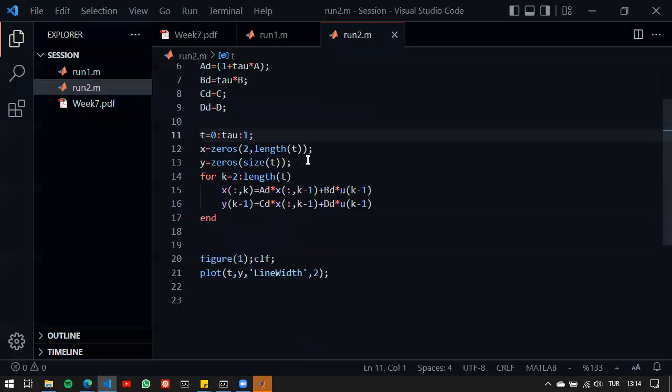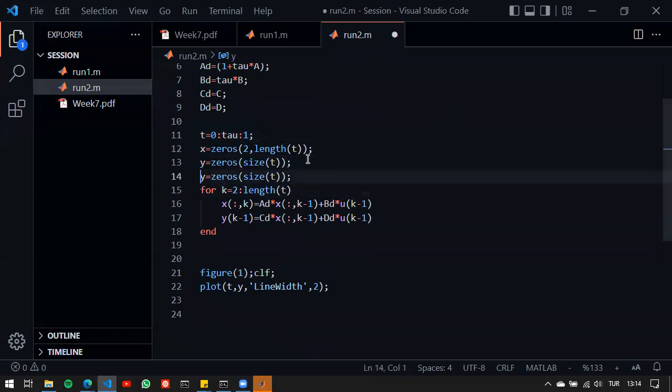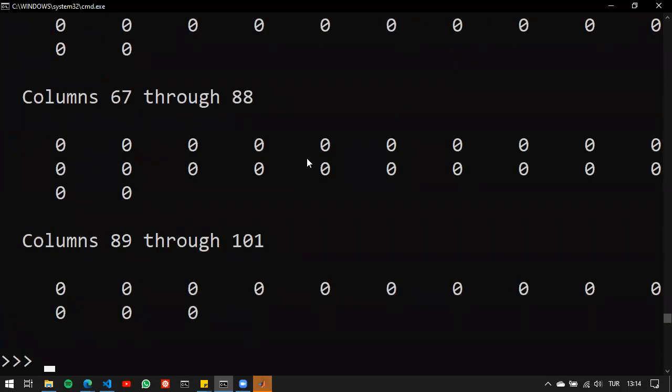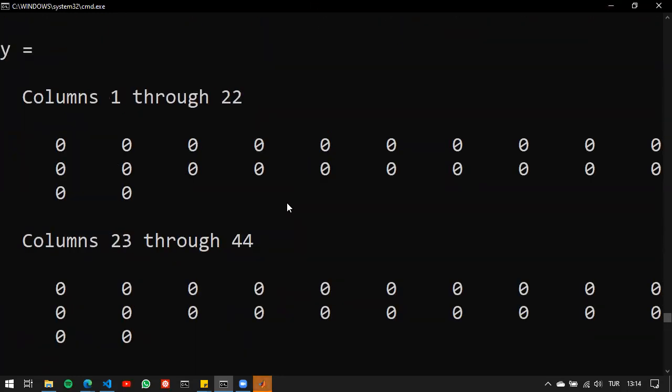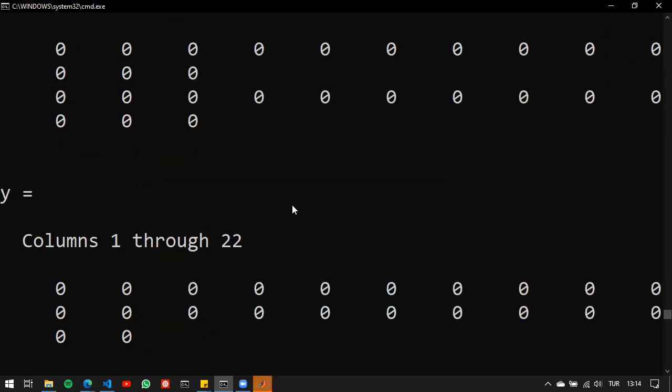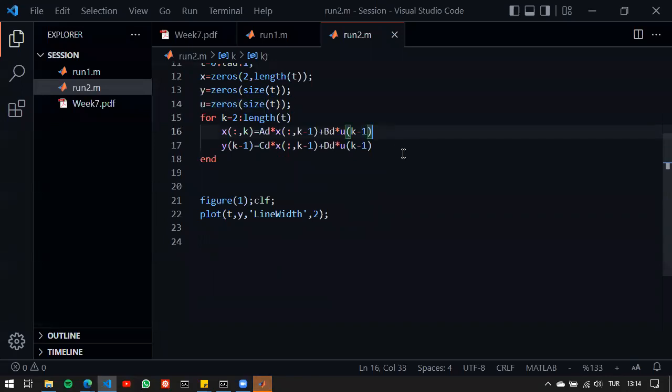U, we didn't define U. Let's also do that. Again, the input and output will be just a vector. So I'm using size t here. And we have basically y, x, and some other stuff here. So let us put in these here.